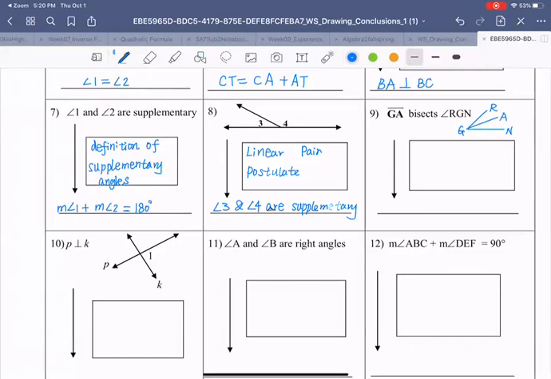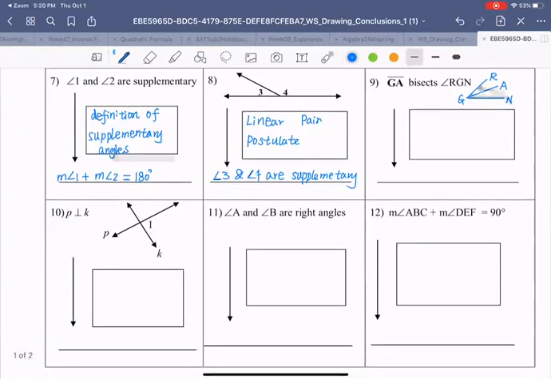Now what's your conclusion for number 9? Line GA bisects RGN.